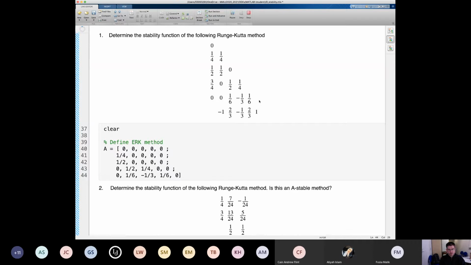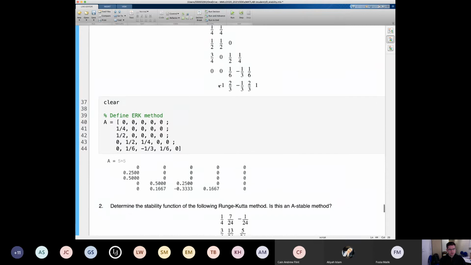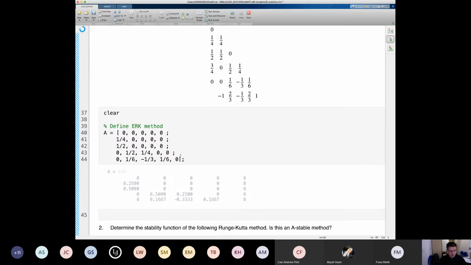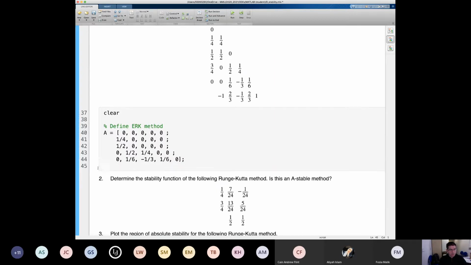Just going to press F5 to check that that's working. It's taking a while. Okay, there we go. You can see that I've got a lower triangular matrix A. Then I'm going to enter in the B matrix. Remember, we assumed that the B vector is a column vector, so I'm going to put semicolons between each element of the B vector.